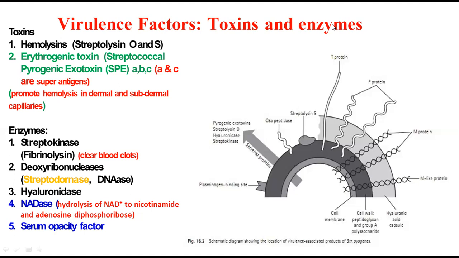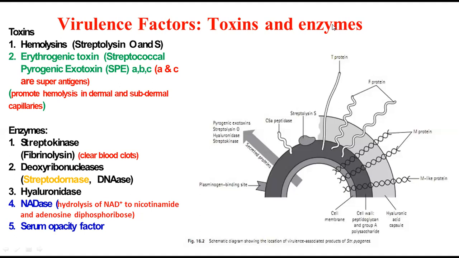The other group is the enzymes. Enzymes are also produced by these bacteria, and they play a major role in causing disease. The first enzyme is streptokinase. It can also be called fibrinolysin. Fibrinolysin mainly clears blood clots.